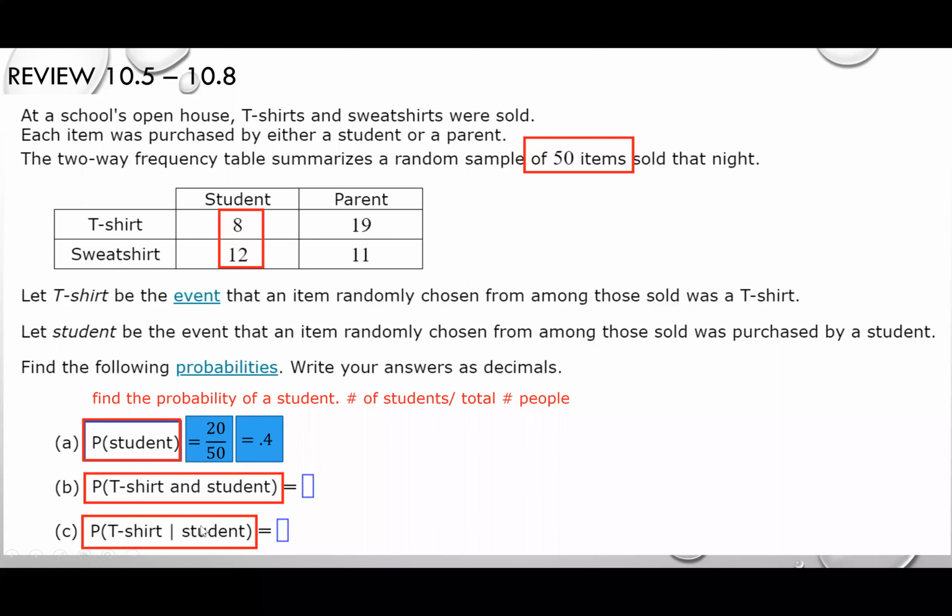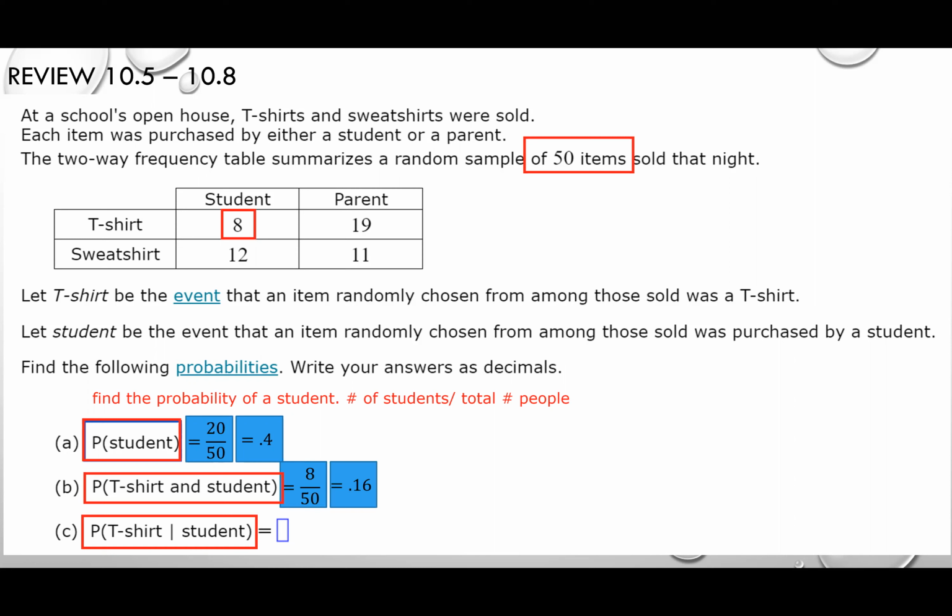And this next part asks, if we select one person, find the probability that the person bought a t-shirt and is a student. How many people bought a t-shirt who are students? There are only 8 of them. So we have 8 over the total, which is 50, and 8 over 50 gives me 0.16.